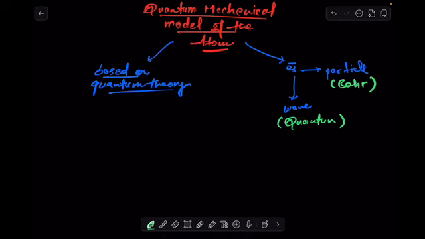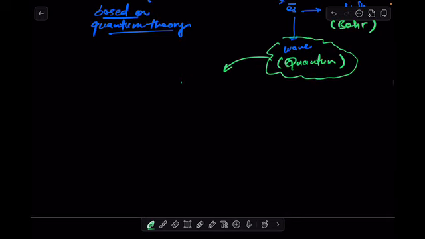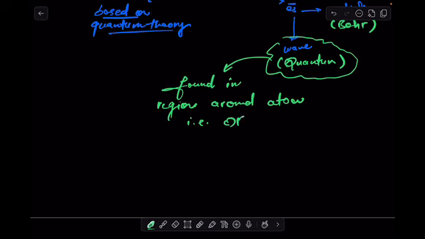So on the basis of this consideration, electrons are supposed to be found in a region around the atom, that is what we call orbitals.